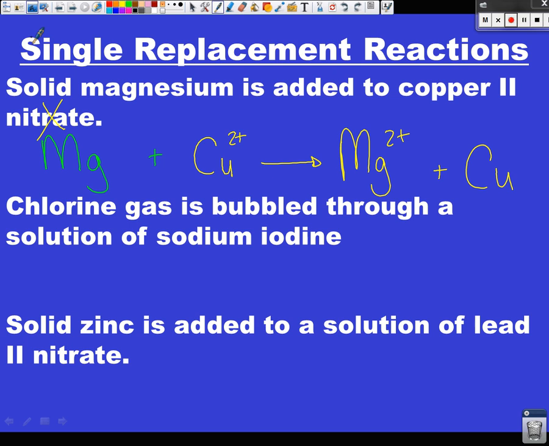Do you agree that your coefficients represent your mole-to-mole ratio? For every 1 mole of magnesium, I've got 1 mole of magnesium ion. How did I go from magnesium to magnesium ion? Do you agree that 2 electrons were lost? But was it physically 2 electrons?